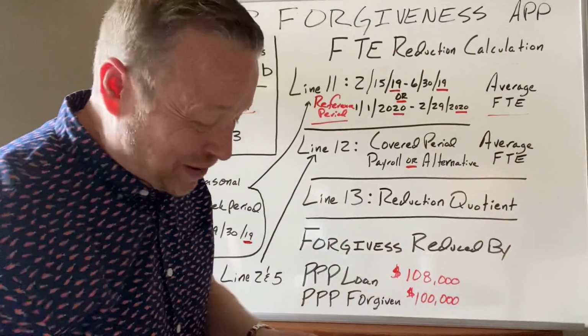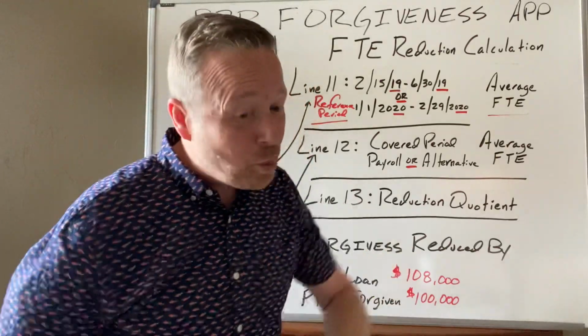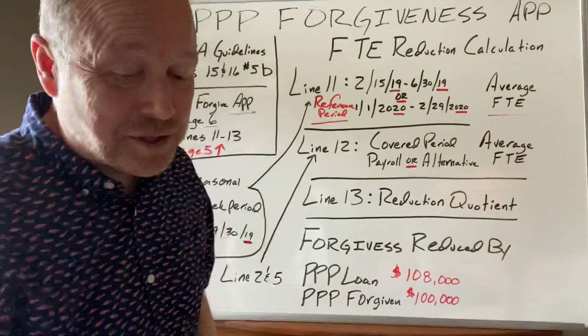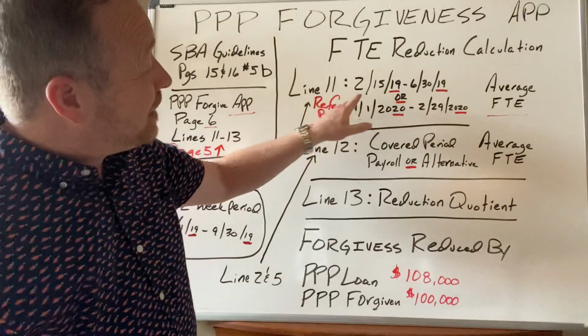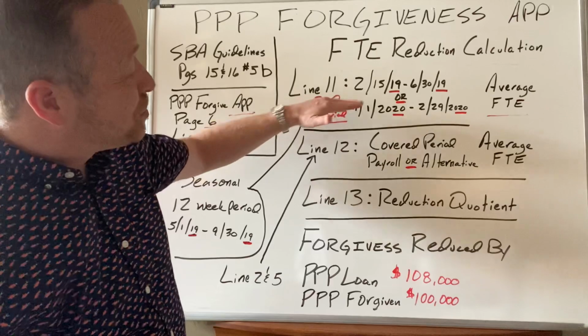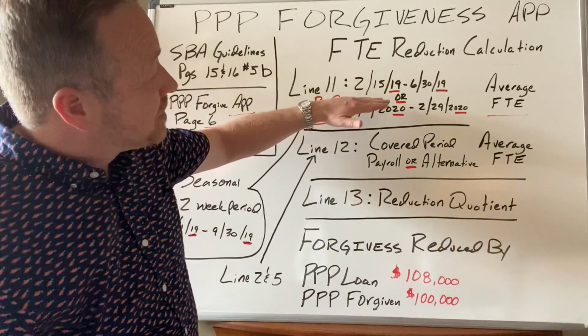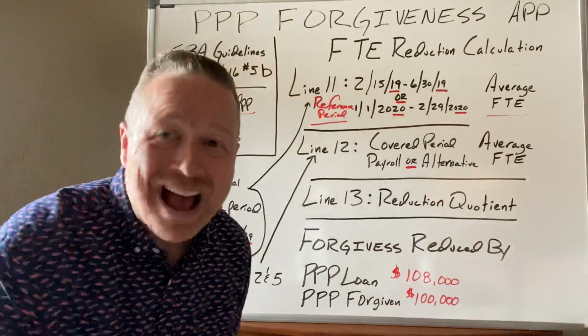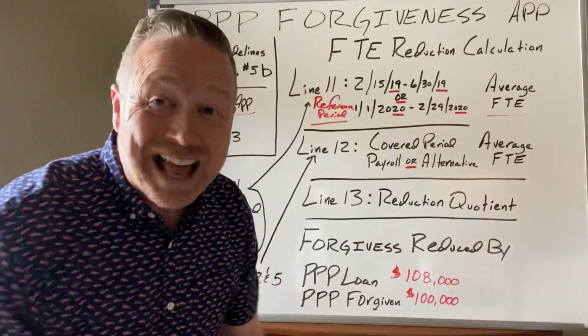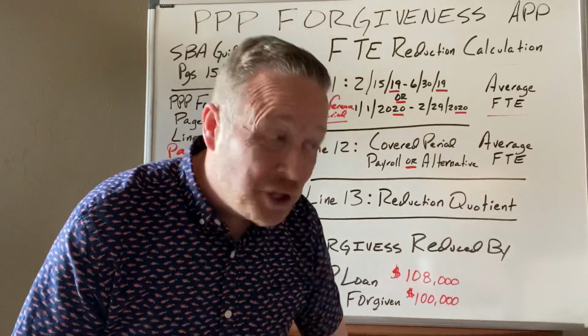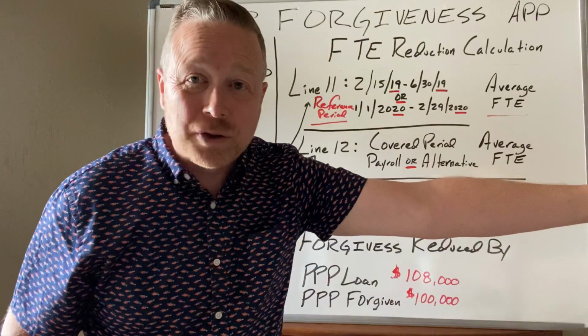And the reference period, you ready for this? We've got 2 dates we can pick from. The first one: you can look at February 15th, 2019 to June 30, 2019, which means you've got to go back and find your payroll records for that period.